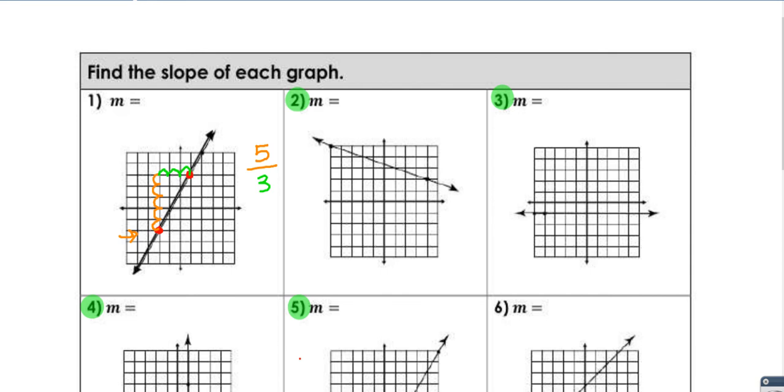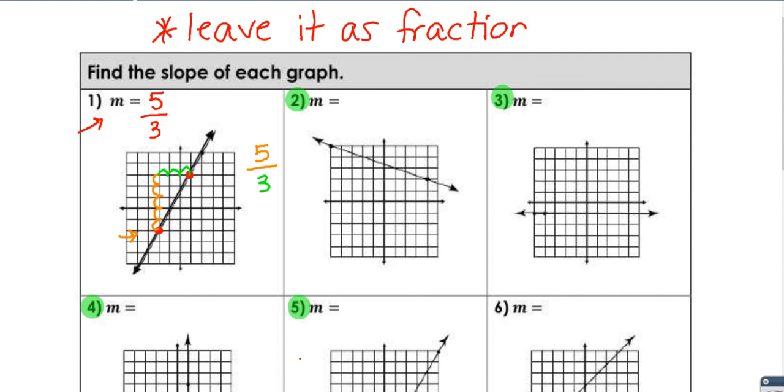So for this example, my m, and it gives you this up here, my m is 5/3 because that does not reduce. And remember, we always leave it as a fraction, and if necessary, an improper fraction. Do not make it a mixed number.